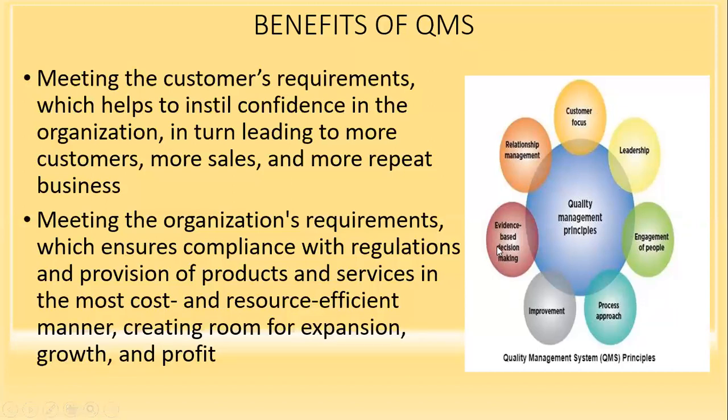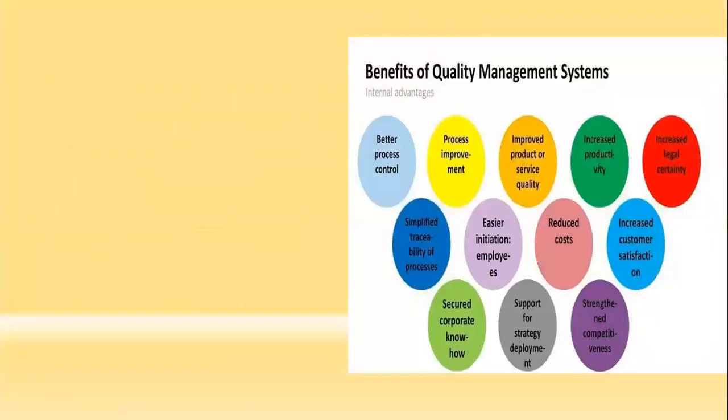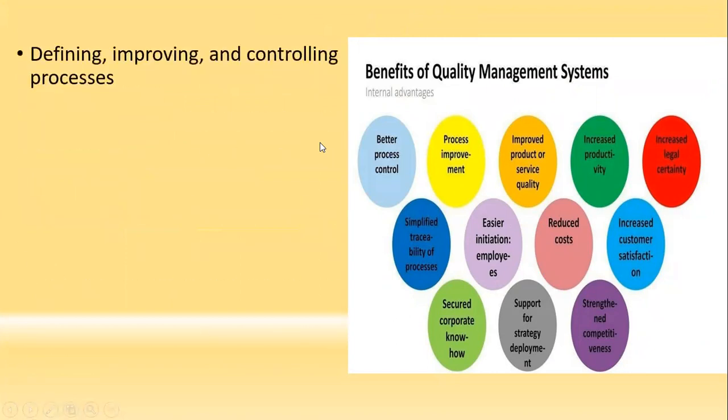Because everything will be recorded and audited, there will always be evidence-based decision making and very good relationship management. Right? Benefits, we have seen two benefits, we'll be seeing the other benefits now. Always defining, improving and controlling the process, right? We have better process control, process improvement, improved product and service quality, and increased productivity, because there is good customer satisfaction and more sales will happen.